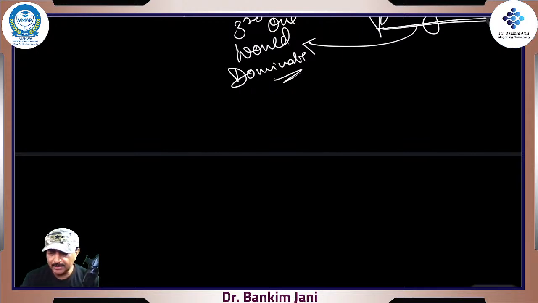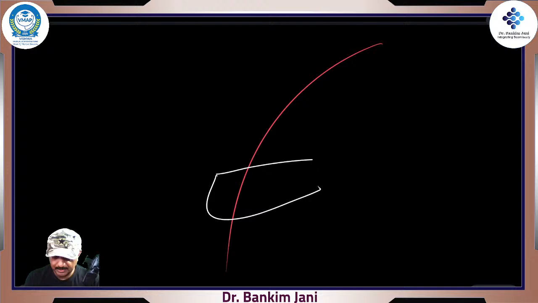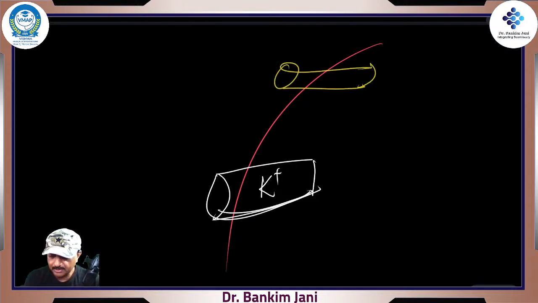Permeability means the ability to pass the membrane. Say for example, this is our cell. Let's take a new page. This is our cell, and in this cell, that's our potassium channel, and this is our sodium channel. But this sodium channel is blocked.